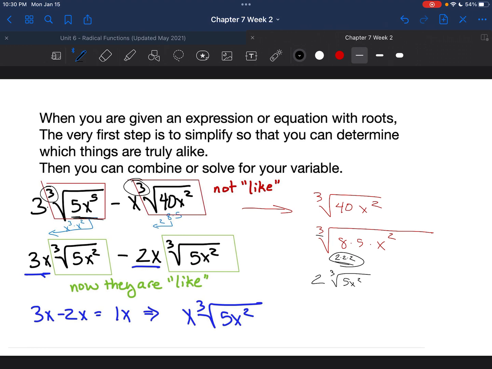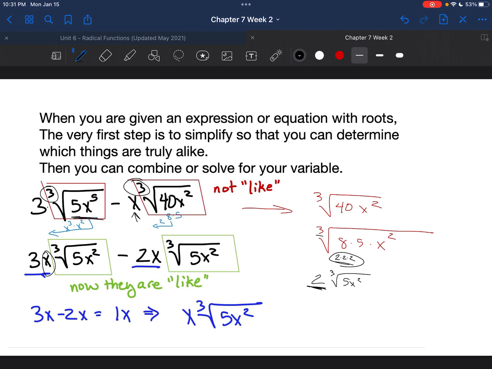Well, I only need 3 to pull out. So I can pull out 3 of these x's, and they get pulled out as a single x. And it leaves me 2, because 5 minus 3 left 2. So now I have 3x times the cube root of 5x squared minus, here is my 2 initially and my x that I had, so 2x times the cube root of 5x squared.